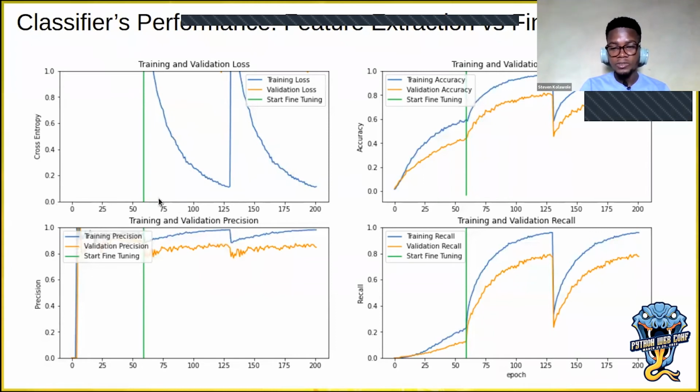Looking at the accuracy, we could see a linear progression over time. So maybe the fine-tuning didn't really help in terms of accuracy. But looking at precision, we could see that the precision score also was crazy, right?